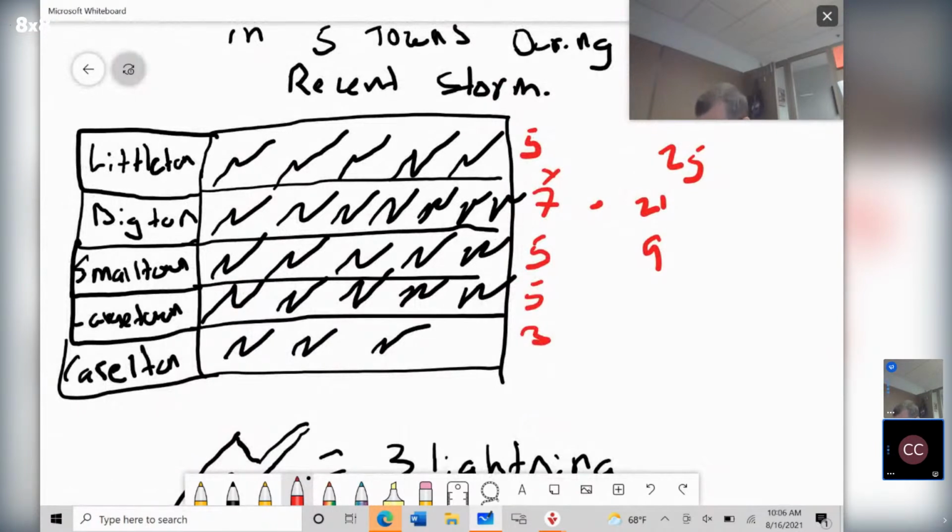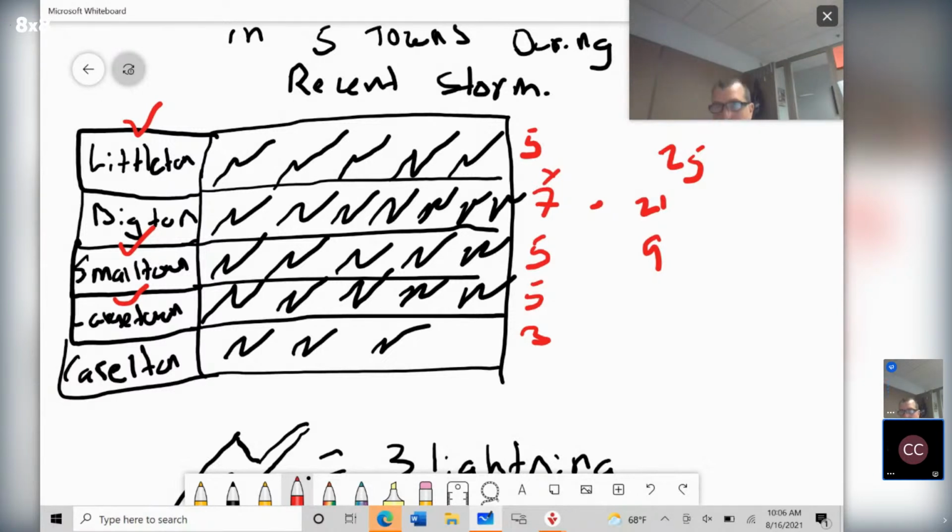So we're going to know that Littleton had 15, Small Town had 15, and Large Town had 15. Each symbol represents 3, so those 3 had 15. So you would just answer that: Little Town, Small Town, and Large Town.